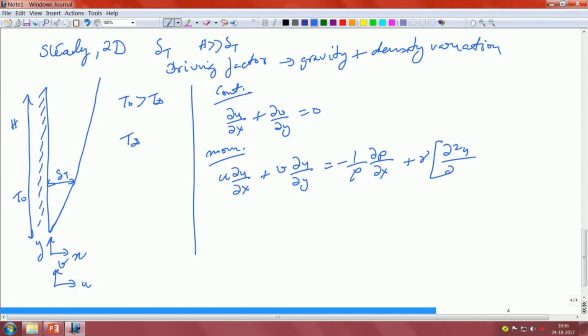d²u/dx² plus d²u/dy². Okay. So, this is the momentum in the x direction, no gravity comes into the picture, gravity is acting downwards.